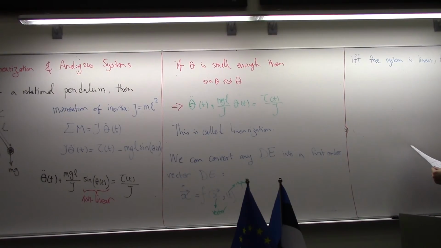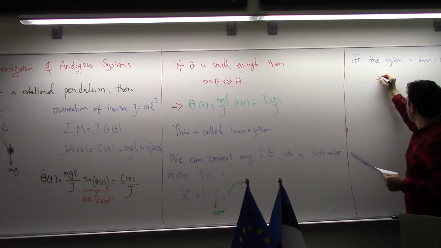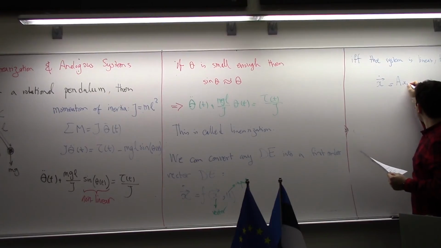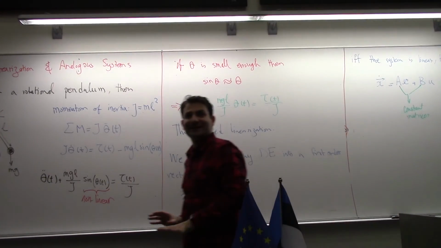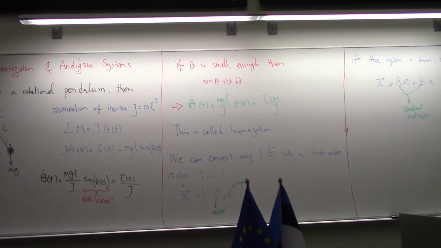This will be of the form x dot equals AX plus BU, where A and B are constant matrices. Okay? So that's why we need to have a linear system, because we want to use this ability.